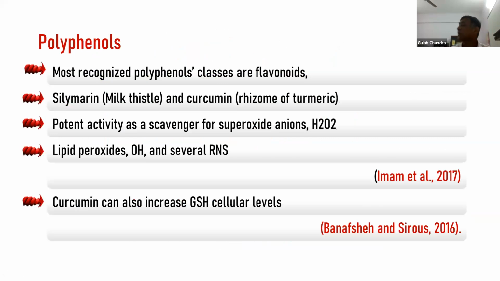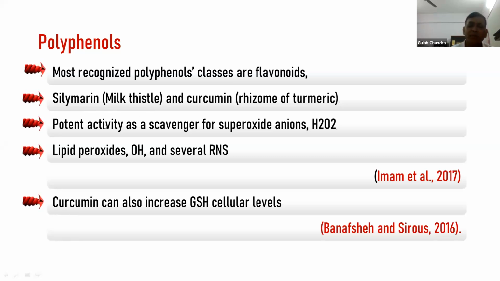Polyphenols. This is the most recognized polyphenol in the classes of flavonoids. This one is silymarin. Silymarin is obtained from milk thistle plants, and curcumin is obtained from the rhizome of turmeric. These may be supplemented in the diet of the goats, because curcumin and silymarin both act as antioxidants and neutralize the free radicals, and also promote the formation of the endogenous antioxidant enzymes.